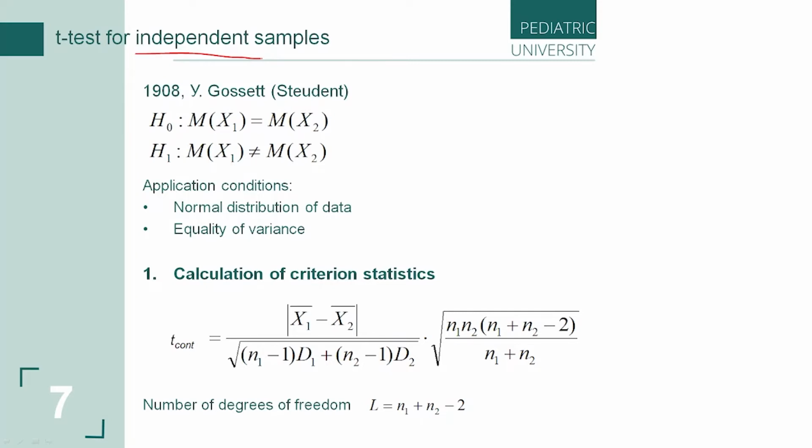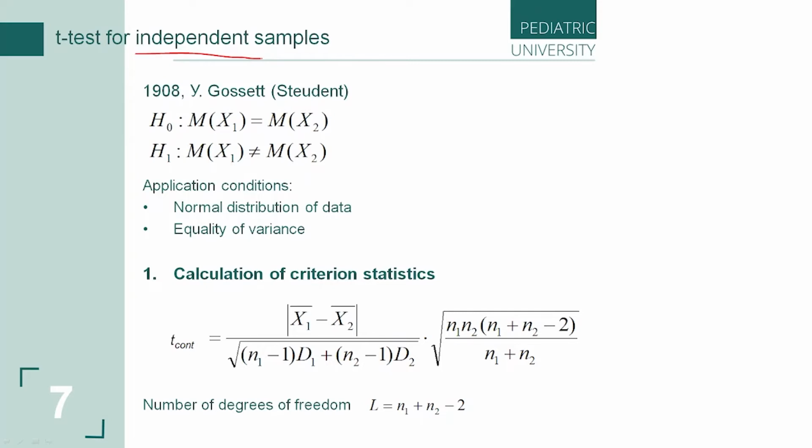He used statistical analysis from his work, and so he published his work under the pseudonym Student. This pseudonym is well known in statistics, and this criterion is very popular to this day.